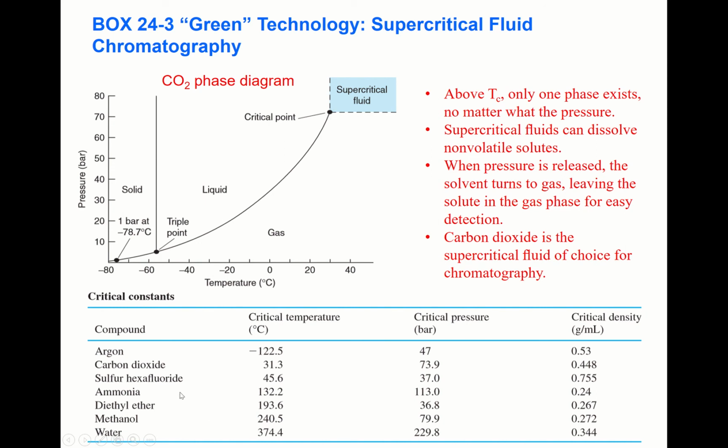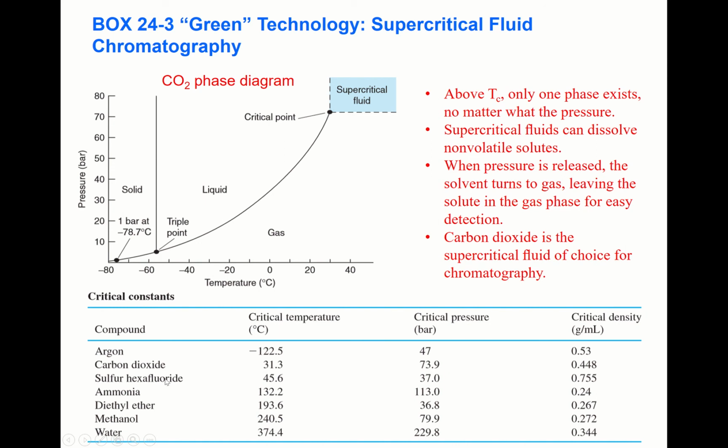Carbon dioxide is very easy because its critical temperature is easily achievable, and the critical pressure is not very high. So to make supercritical CO2, you increase the temperature and pressure beyond these values. It's very easy to control.